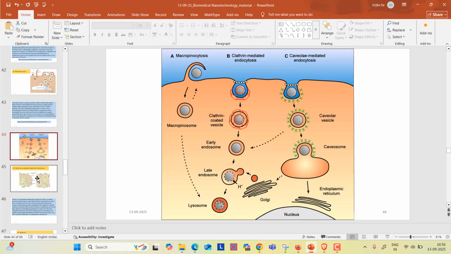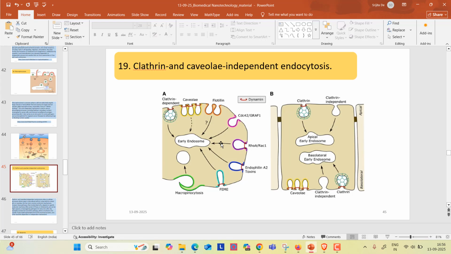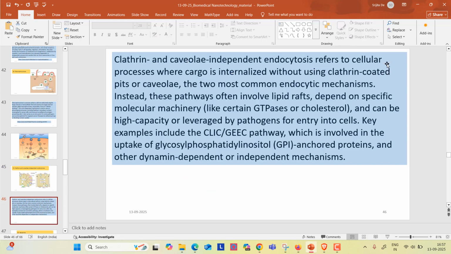Okay. Clathrin and caveolin independent endocytosis refers to the cellular process where cargo is internalized without using clathrin-coated pits or caveolin-coated pits, the two most common endocytic mechanisms. Instead, these pathways often involve lipid rafts and depend on specific molecular machinery. So, the caveolin protein and clathrin protein are not being used here.